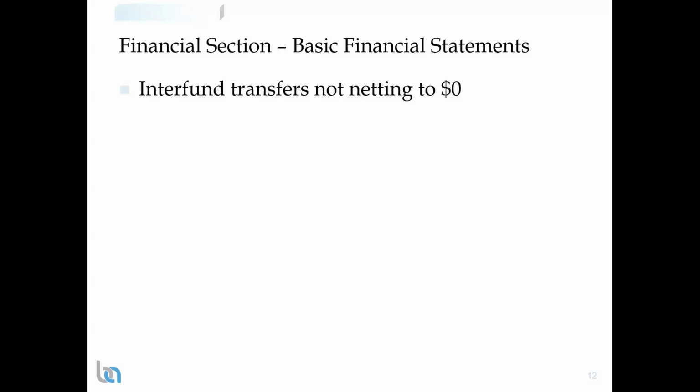So you may have them in the GL labeled as transfers, but on the financial statements, they don't get presented there. If you're not careful where you're actually classifying those items, you'll end up with the transfers not balancing. And that's going to be a problem.